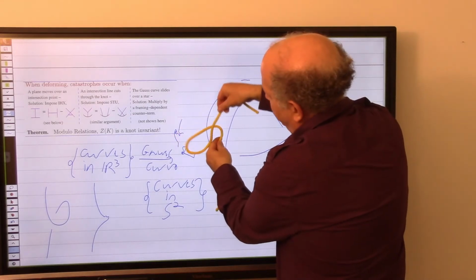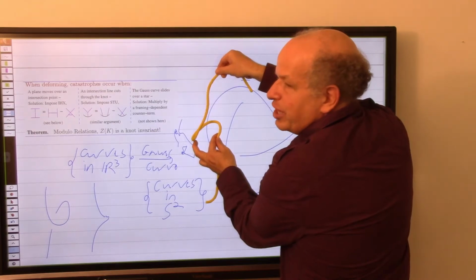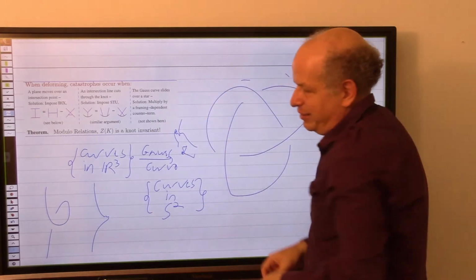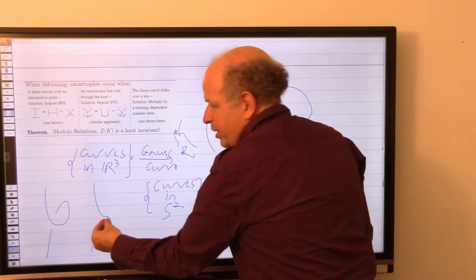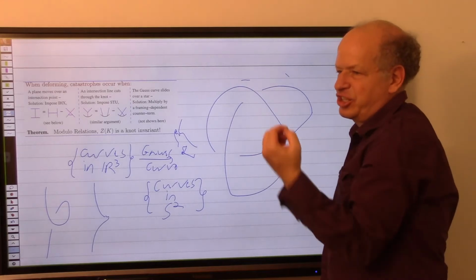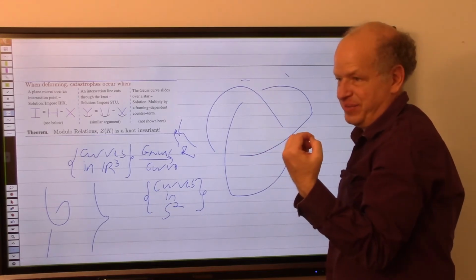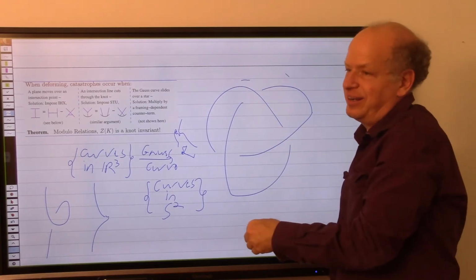If I try to pull it straight, at some point, like here, the Gauss curve will be vertical. So in fact, a Reidemeister 1 move is a situation in which the Gauss curve passes through your eye. Passes through the star which is your eye.